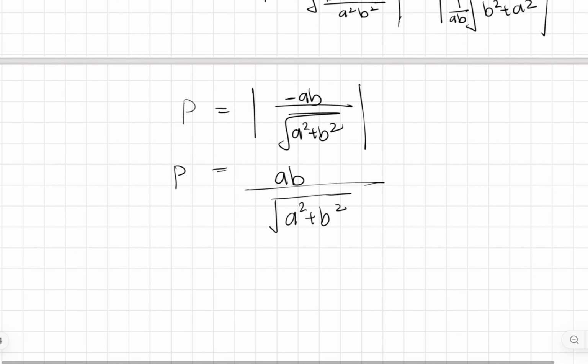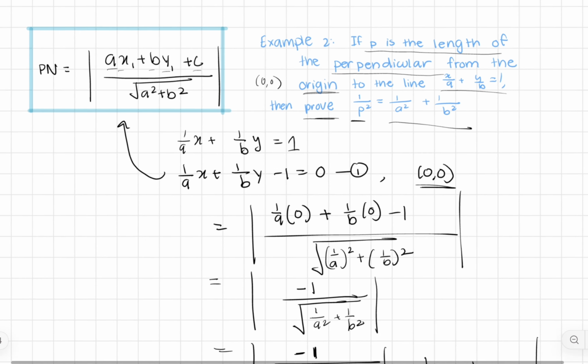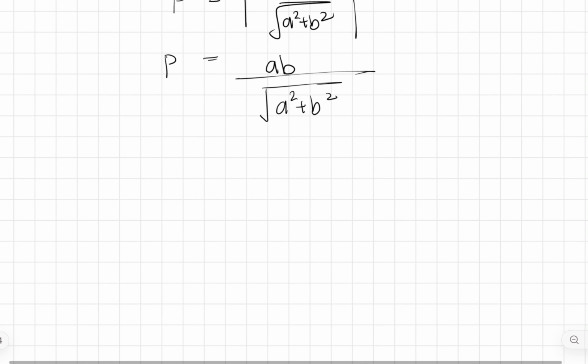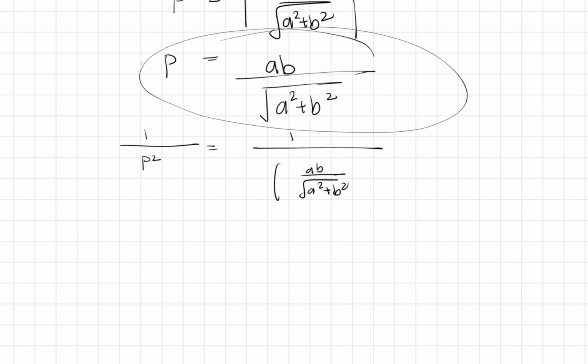Now that we have the value of p, we already discussed the first part of the problem. Now they're saying prove 1 over p squared is equal to this. Well, we already found p. Let's just take 1 over p squared. We know p is ab over the square root of a squared plus b squared, as we just found, squared.